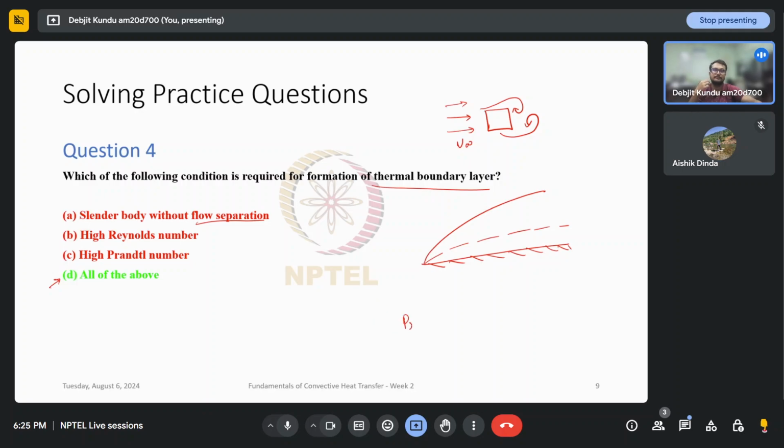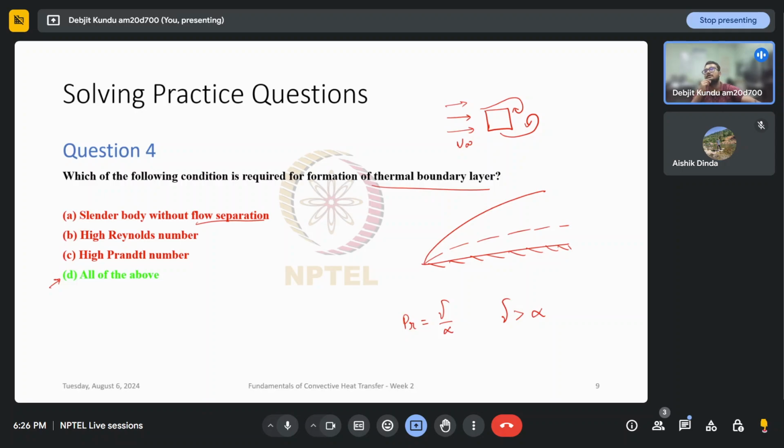So Prandtl number is basically given by nu by alpha. If the Prandtl number is high, that means nu is greater than alpha. So if the momentum diffusivity is high enough, then only we will get some thermal boundary layer, otherwise it won't form in the first place.